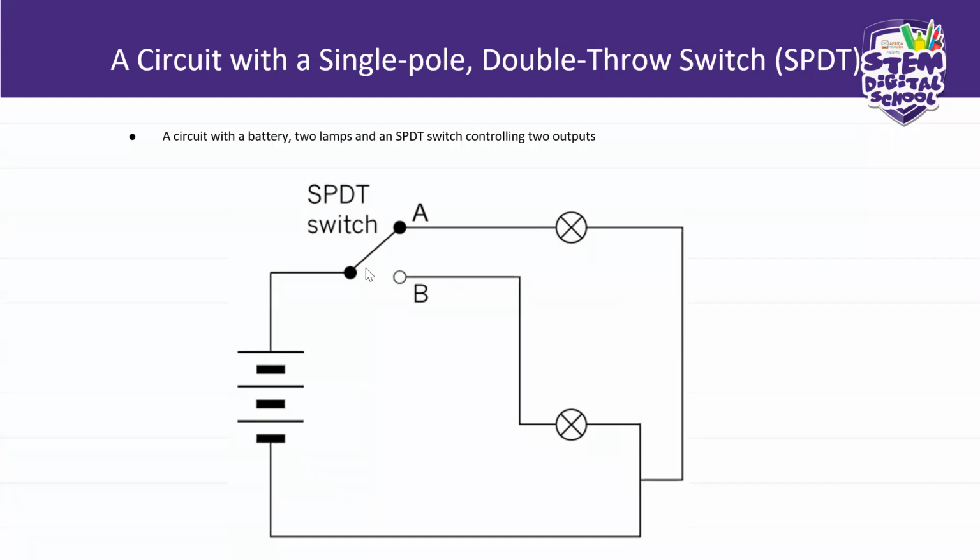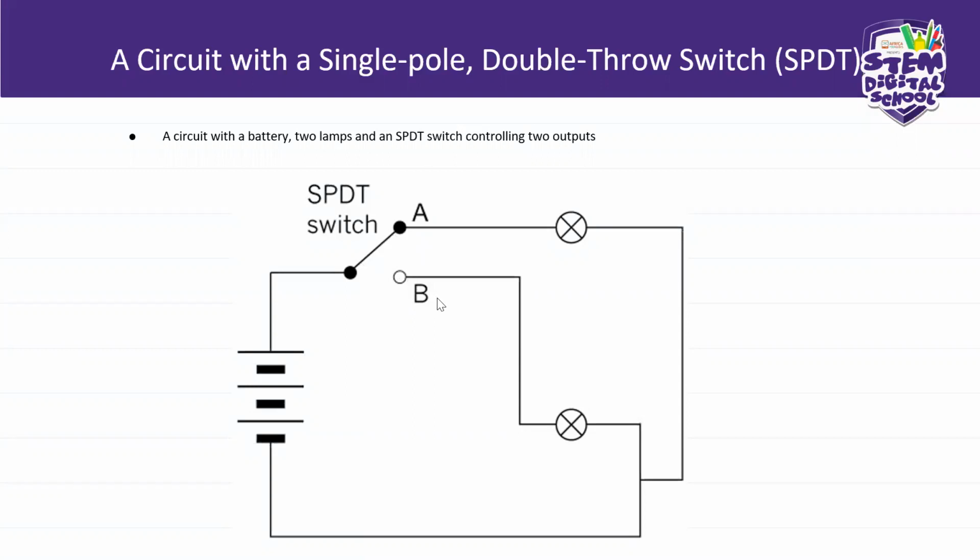When you want to connect current to this output, you will put the pole on this throw. But when you want to activate this output, you will put the pole on the throw labeled B. So that is how this single pole double throw switch works.